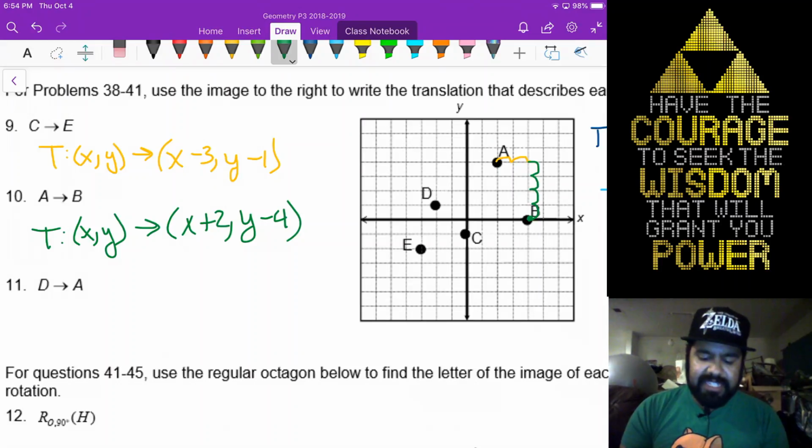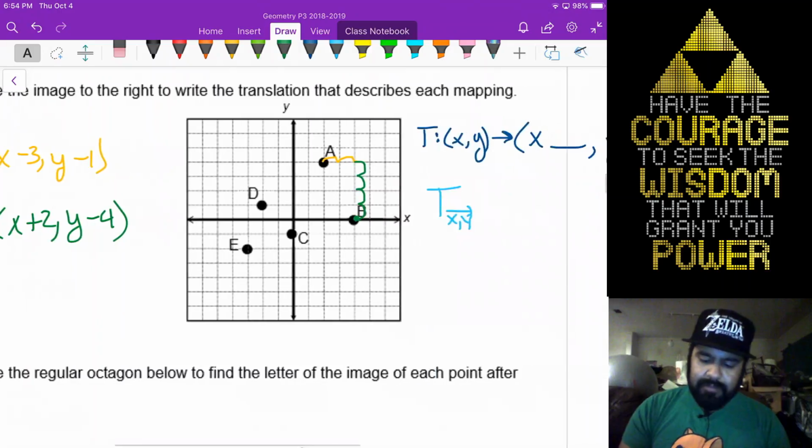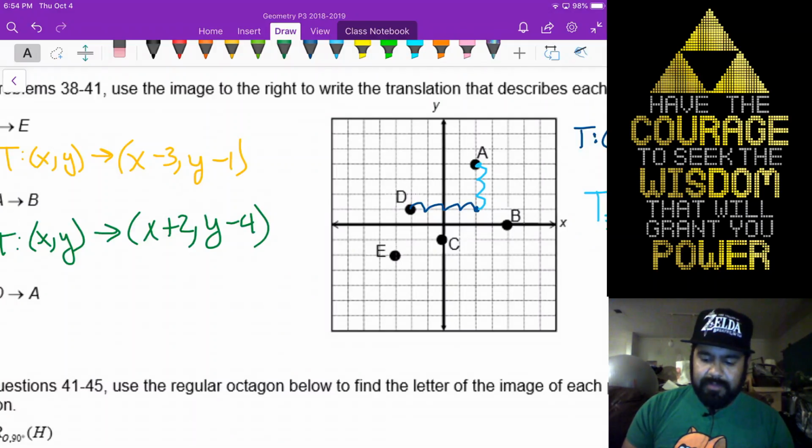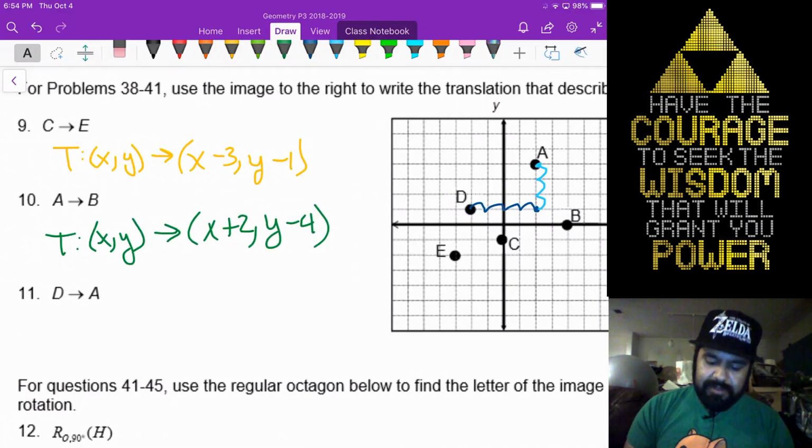Last one from D to A, we're moving our point 1, 2, 3, 4 to the right, and then 1, 2, 3 points up. So again, because we're moving to the right with D, let me write this part out.